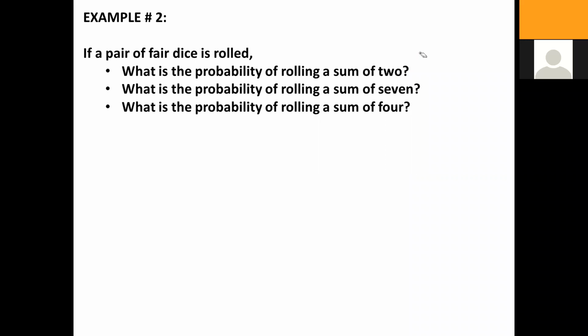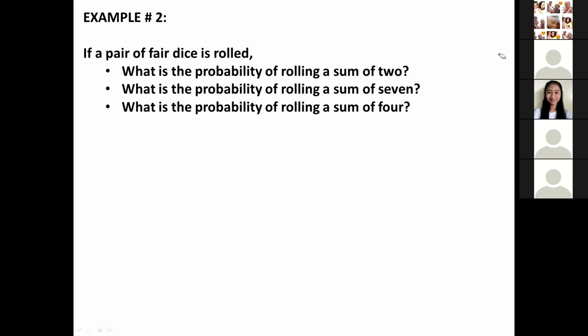1/36, sir. Sino nag-answer? Please cooperate and focus and sumagot naman kayo. Okay, what's happening with us?